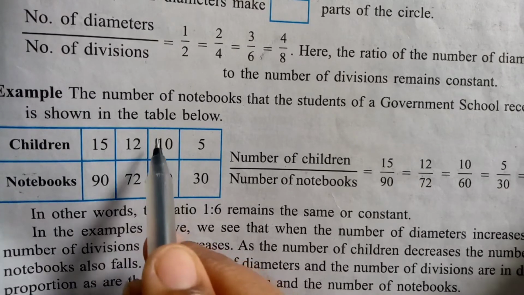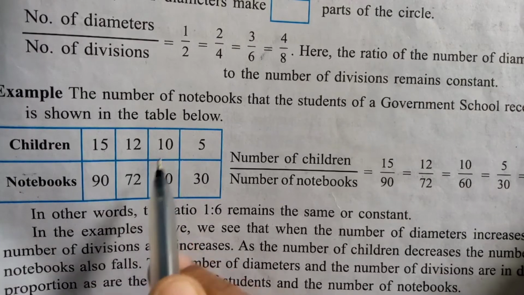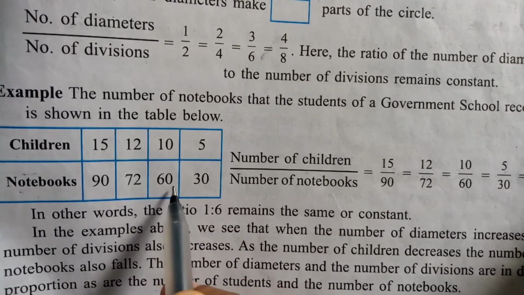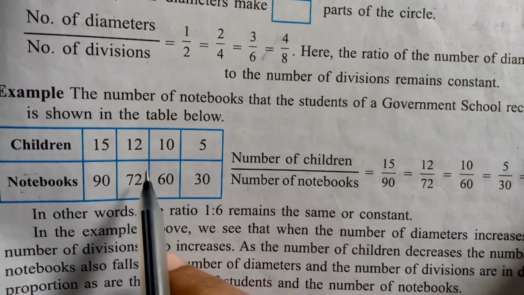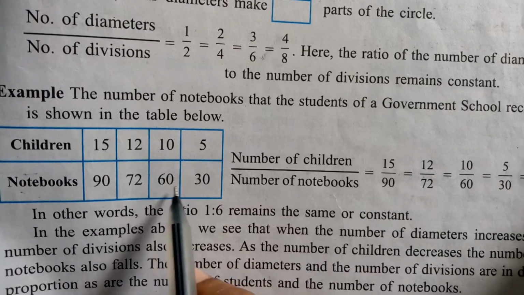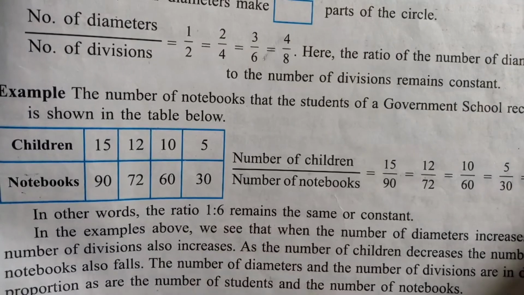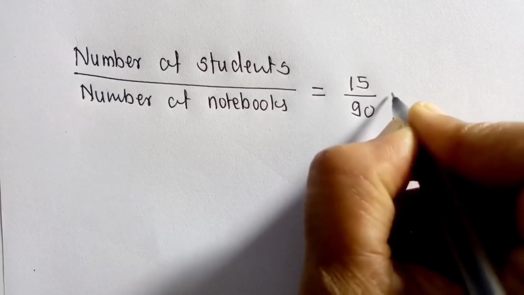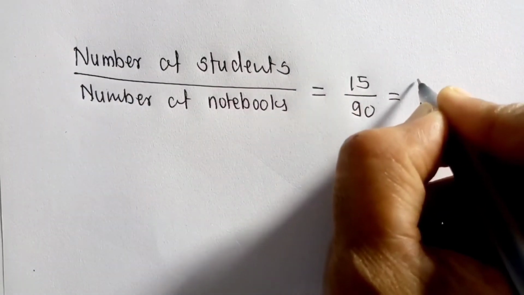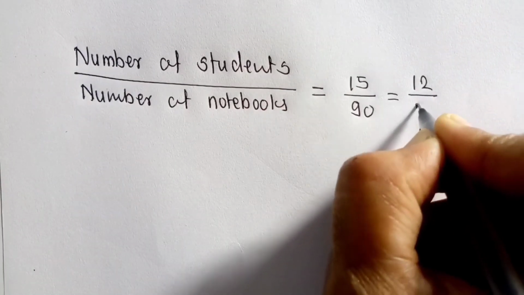Similarly, with 10 students the notebooks also decrease, and with 5 students the notebooks are 30. So if the number of students is 15, notebooks are 90, and if students decrease, notebooks will also be less.